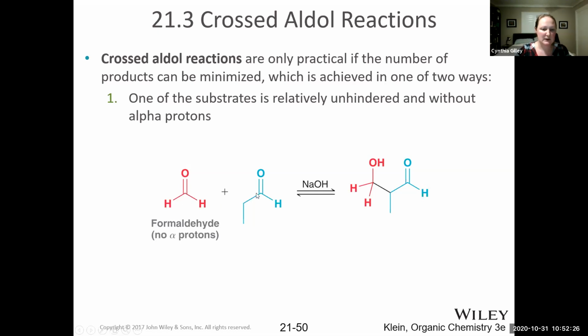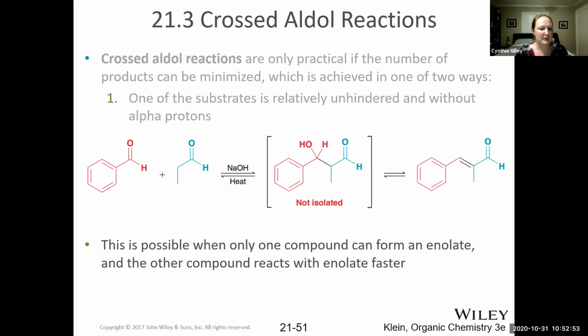These carbon-based groups stabilize the positive charge through hyperconjugation. So without one of those carbon-based groups stabilizing the positive charge, this carbon is more electrophilic. So it's successful to form an enolate with this aldehyde and have it preferentially attack the other aldehyde, leading to a successful crossed aldol product.